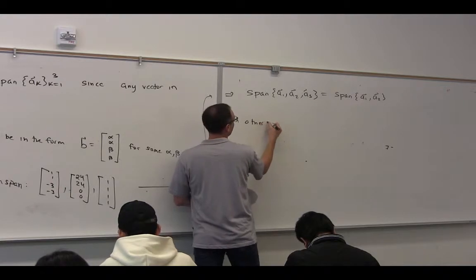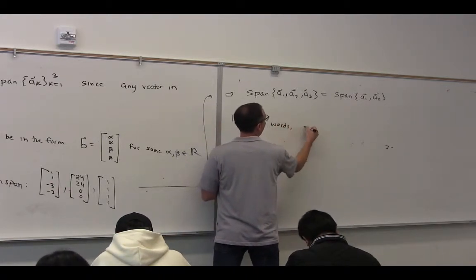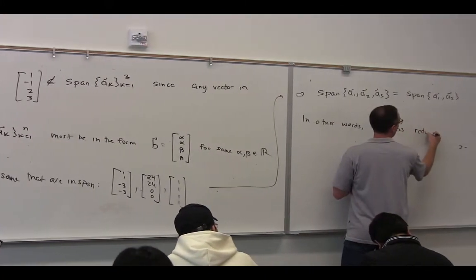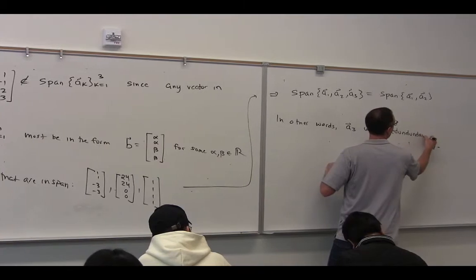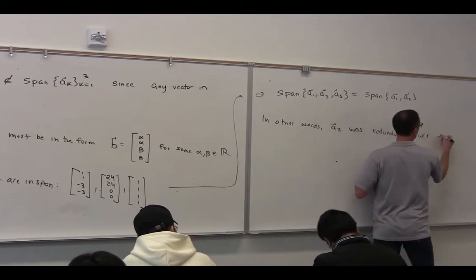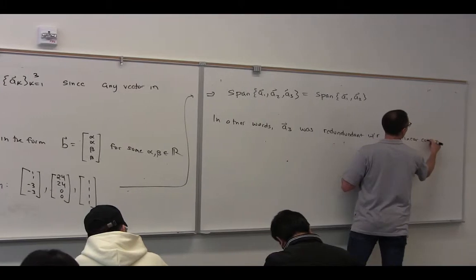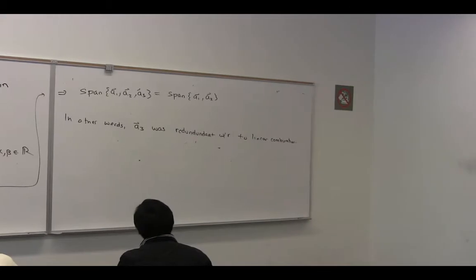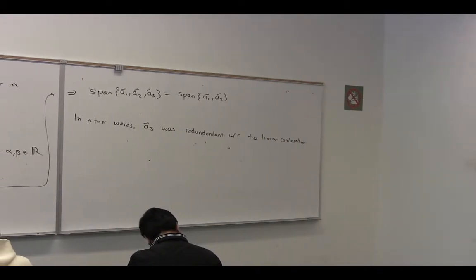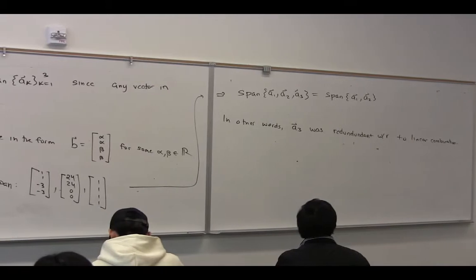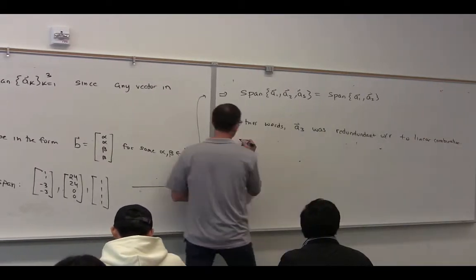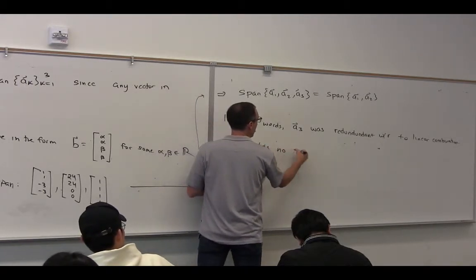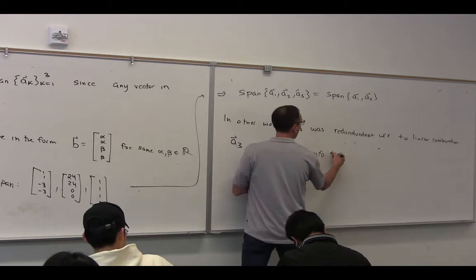In other words, A3 is, or was, redundant with respect to what operation? To linear combination. Another way to say that it's redundant is, what does A3 do for the span? Nothing. It adds no new information. A3 adds no new info to the span.